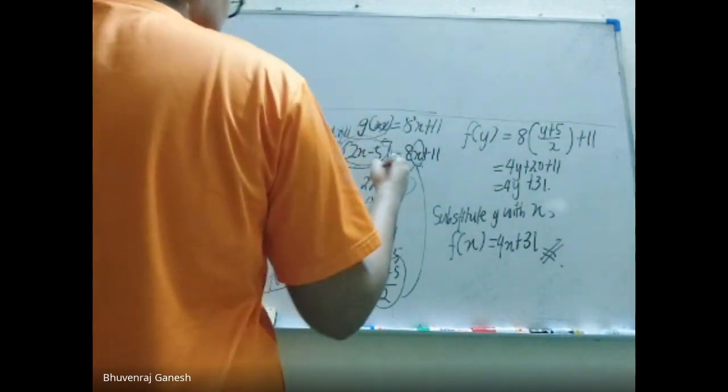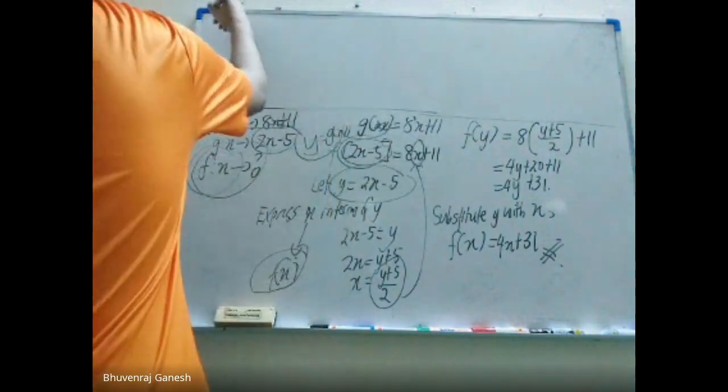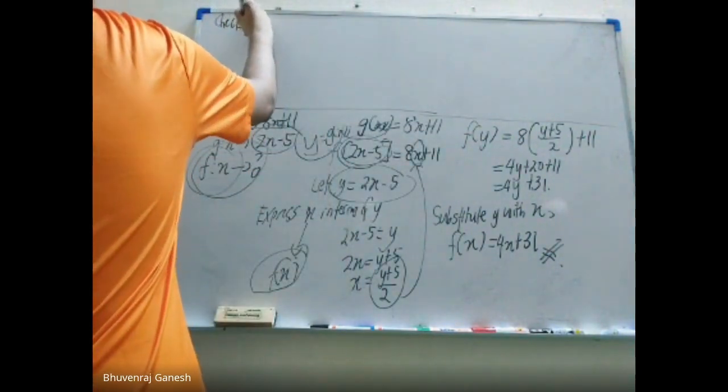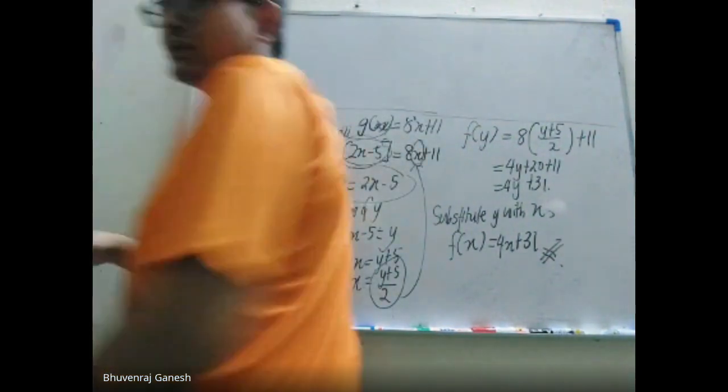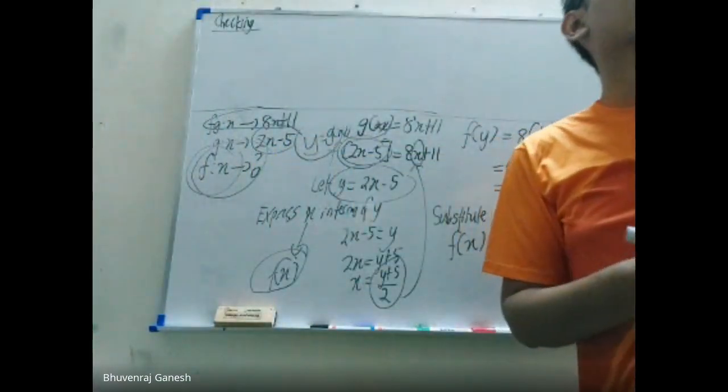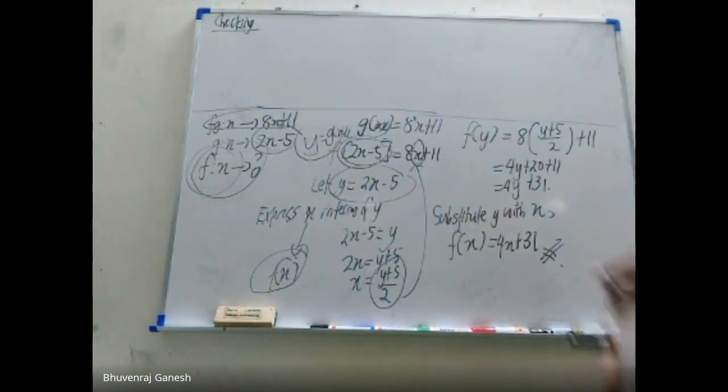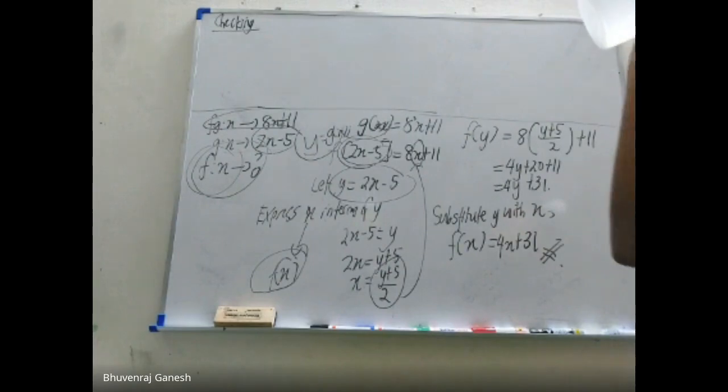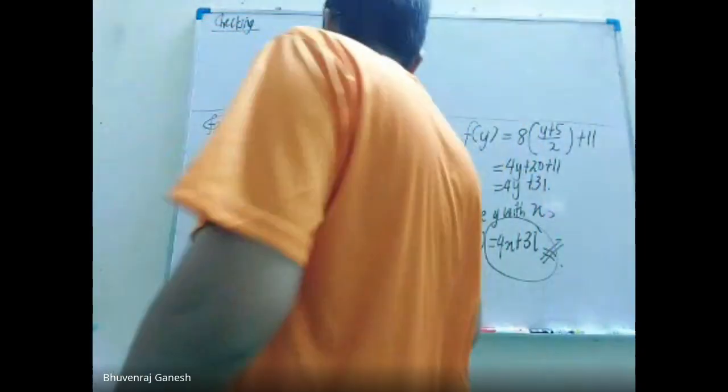Okay, so this is checking time. Let's say you're not confident of the method you use, or you made careless mistakes along the way. This one method I found. So let's say you want to know whether this answer is correct or not.